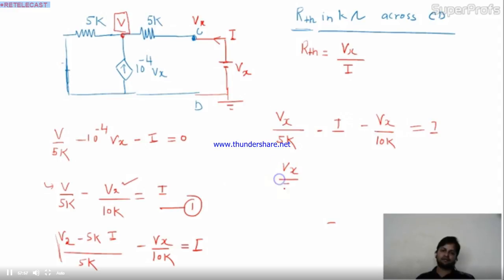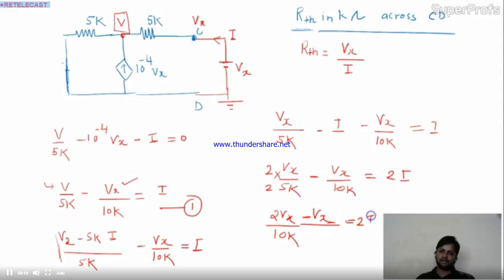So we'll be having Vx by 5k. Here you are having Vx by 10k. Here you are having 2I. Correct? Now multiply this by 2. So this will become 2Vx by 10k, and here minus Vx, equal to 2I.